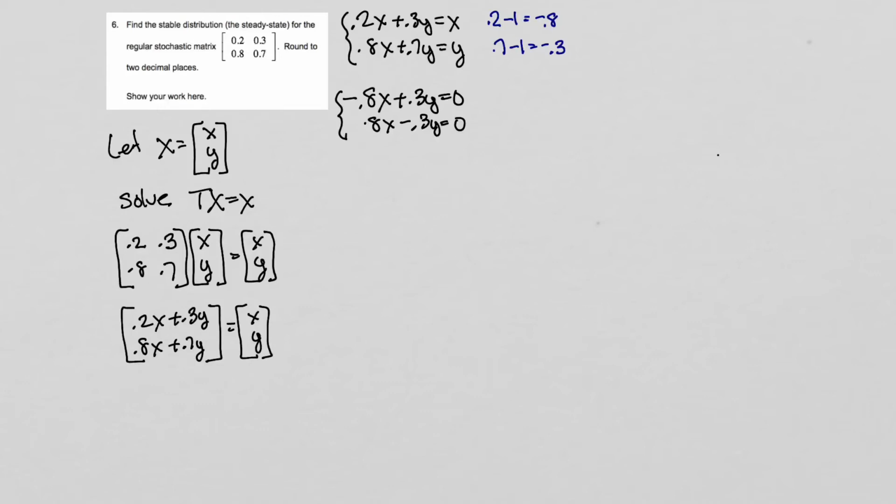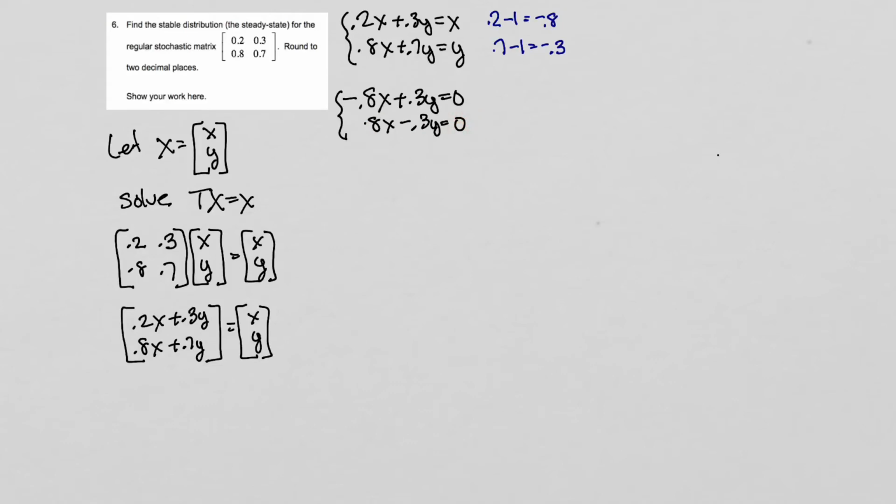And we notice that this second equation is just negative 1 times the first equation. These two equations are equivalent. So we don't really have two independent equations. What we're going to get here is no unique solution. So what we're going to do is eliminate one of these equations and find an independent equation.